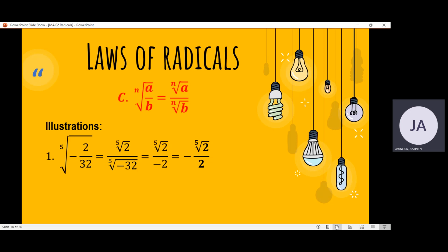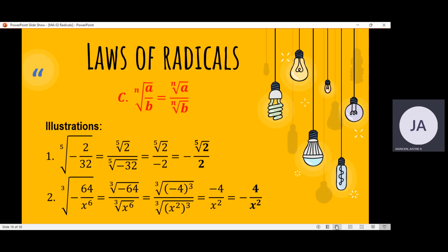So that's the fifth root of 2 over the fifth root of negative 32. As you can see, we have the fifth root of 2 over negative 2, because the fifth root of negative 32 is negative 2. So simplifying that, we have negative fifth root of 2 over 2.